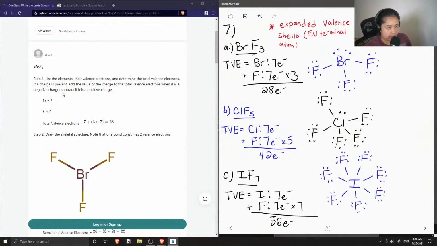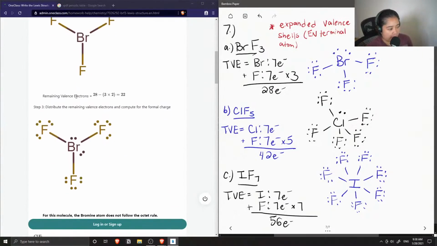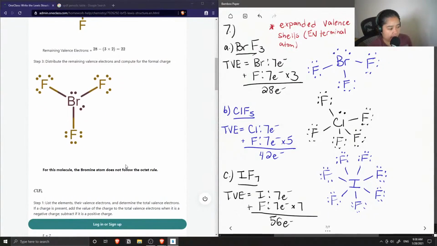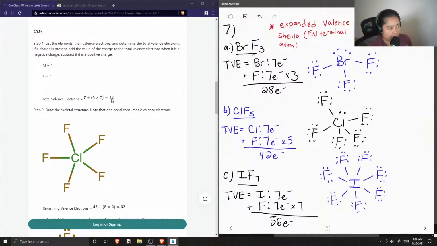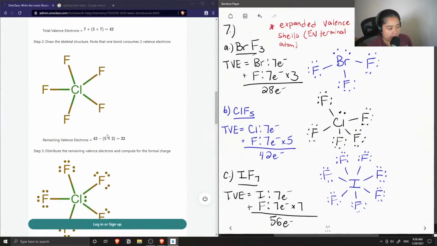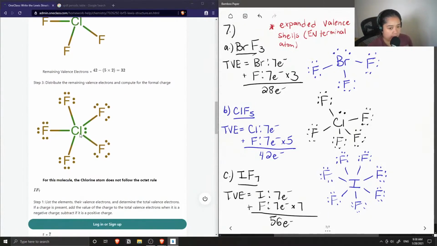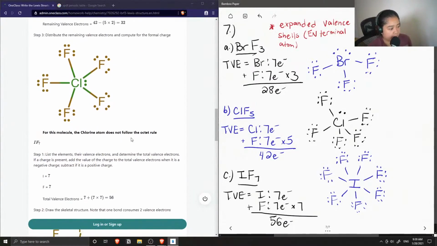So for all our examples, they didn't contain any charges, so we didn't need to do that step. They got 28 for the first compound and had the same Lewis structure that does not follow the octet rule. For the second structure, they had 42 valence electrons and the extra lone pair on the chlorine.